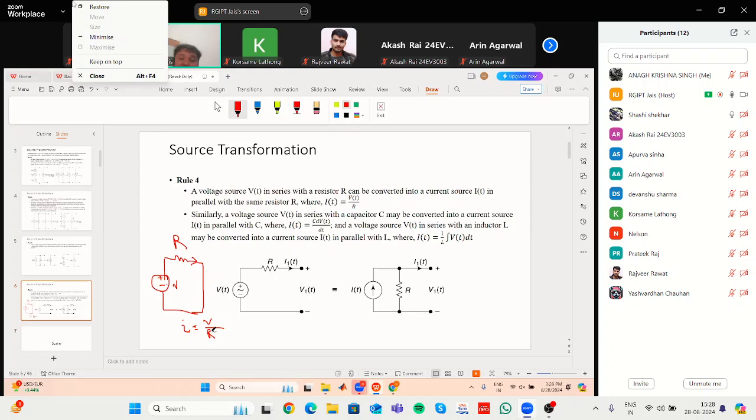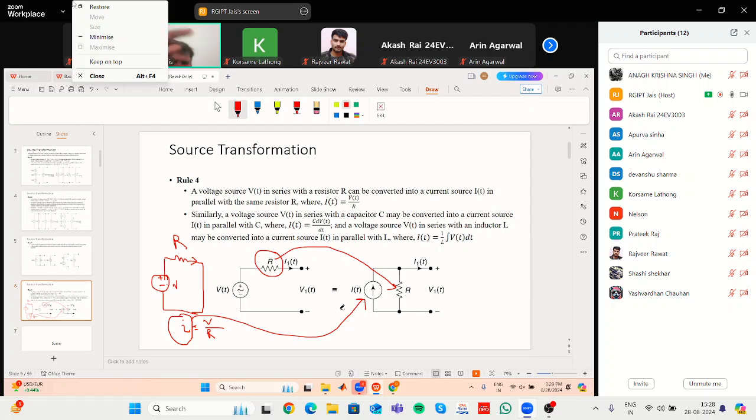So to apply source transformation, what you have to do? This value of I you have to represent in terms of a current source, and this resistance that was connected in series with the voltage source will come in parallel to the current source. As simple as that. If a resistance is connected in series with a voltage source and you want to transform that into a current source, you have to find out the current flowing.